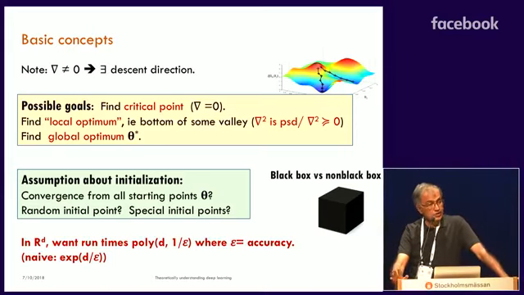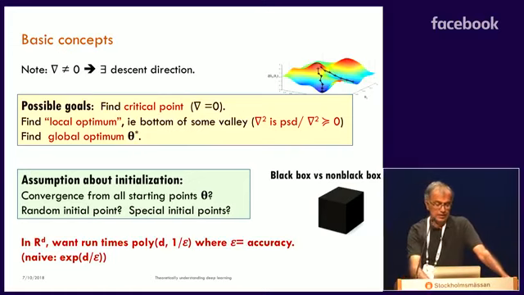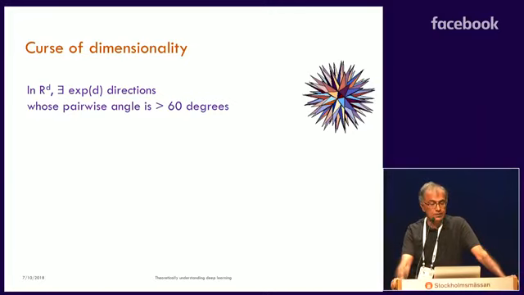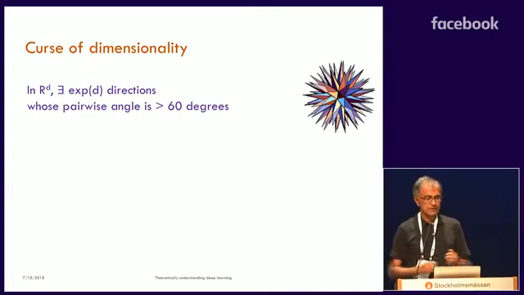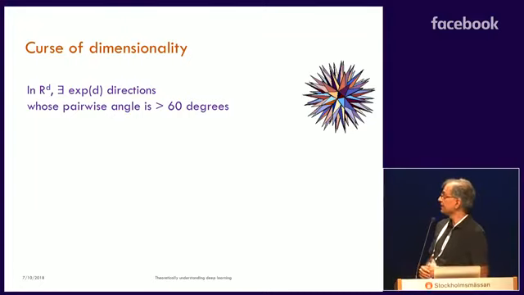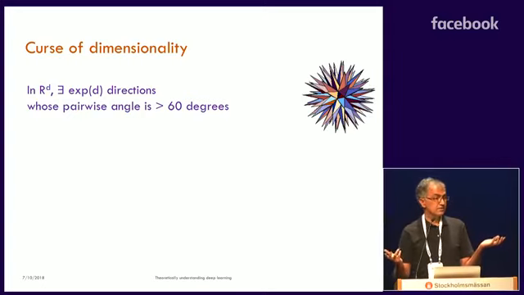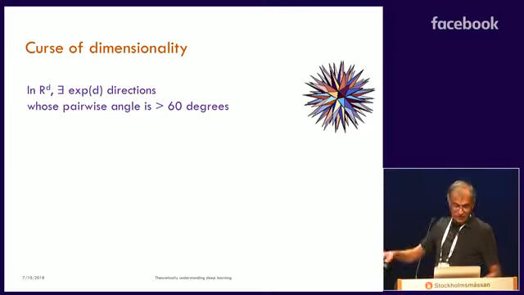The important point to note is that the naive upper bound would be exponential in d over epsilon. And let me explain that. There's a simple fact about high-dimensional geometry, which is not always known, and I remember when I first learned about it, I was quite surprised. It's this fact that there are a lot of distinct directions in d dimensions. So in d dimensions, there are exponential in d directions whose pairwise angle is at least 60 degrees. I've illustrated that using this sea urchin figure, this spiny figure.